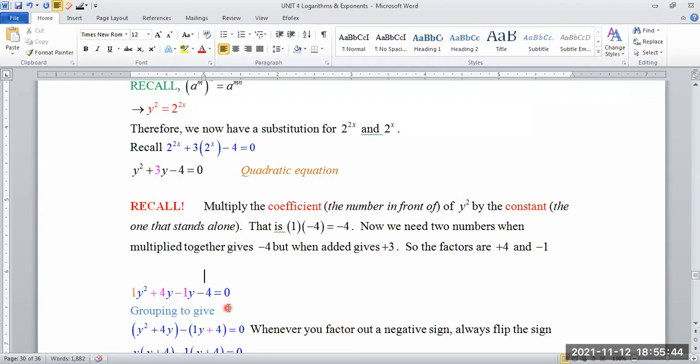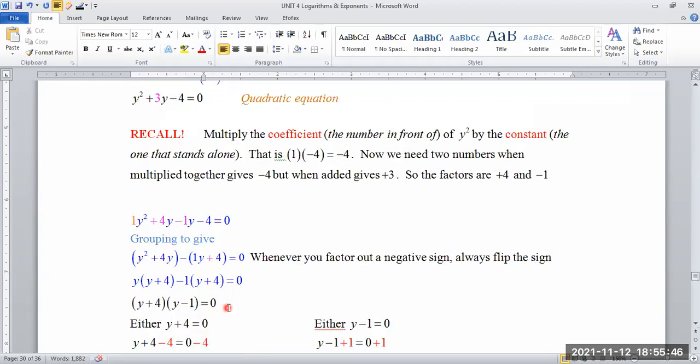All right. Now I'm going to be grouping, because I'm factorizing using the grouping method. I'm going to put the first two in one bracket, leave the middle sign out every time, and then put the other two in the other bracket.